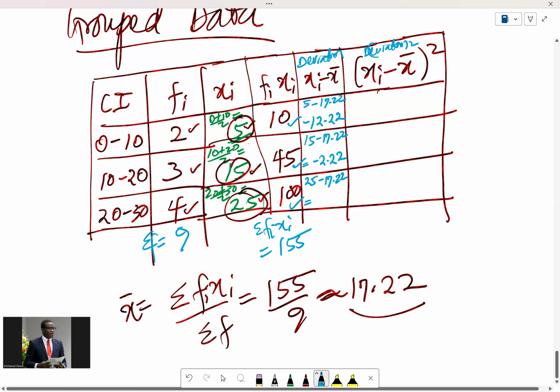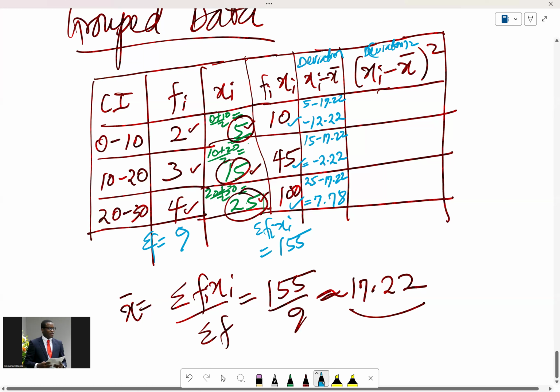So remove 0.22 from 8. That should be like 7.78. So 7.78.